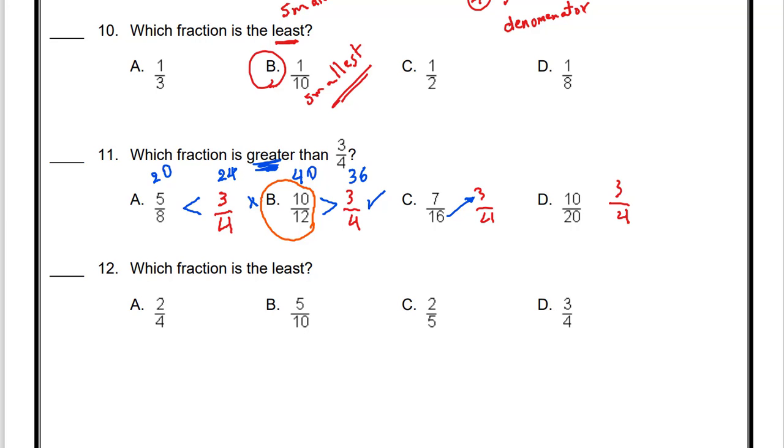And the last one. 16 times 3. 6 times 3 equals 18. 8 and carry up 1. 1 times 3 equals 3, plus 1 is 4.